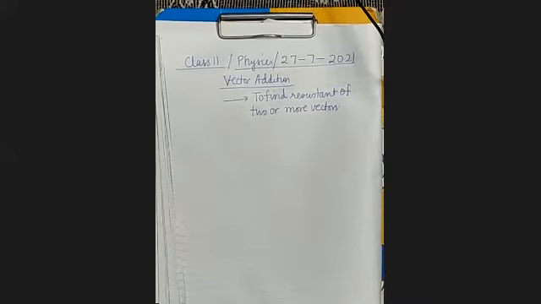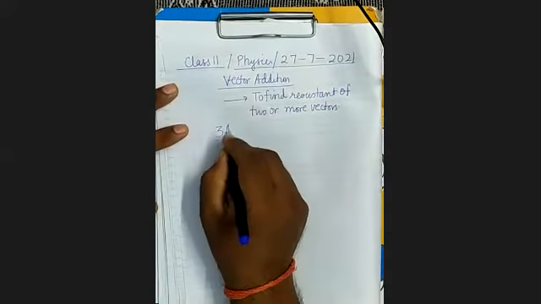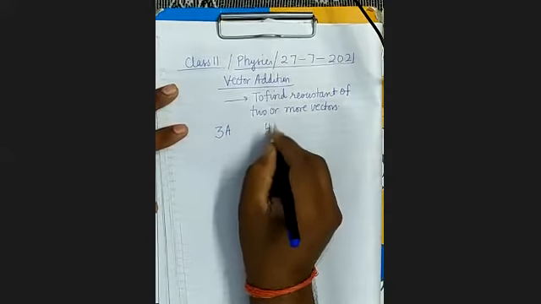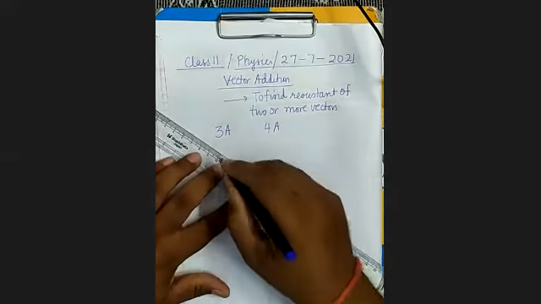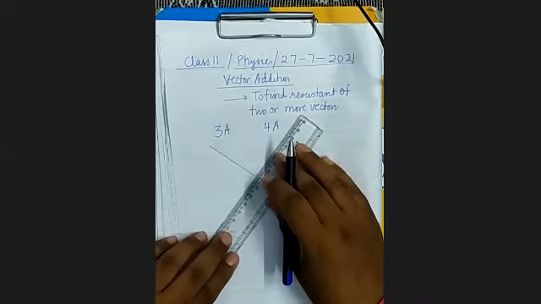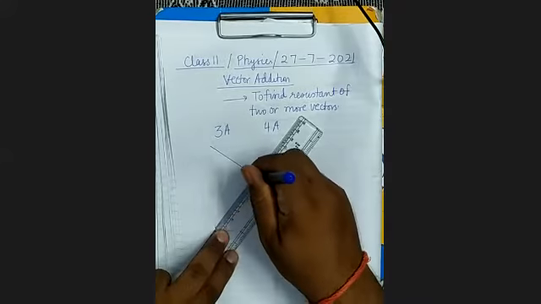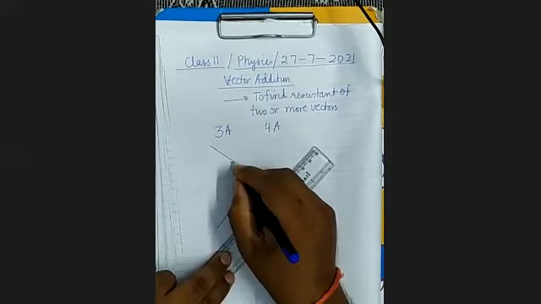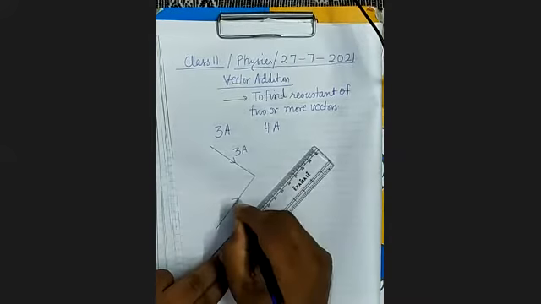Now see here, vector addition is different from the addition of scalar quantities. If you take 3 ampere and 4 ampere, suppose 3 ampere current is coming this way and 4 ampere current, here this is the circuit, this wire is carrying 3 ampere and this is 4 ampere.